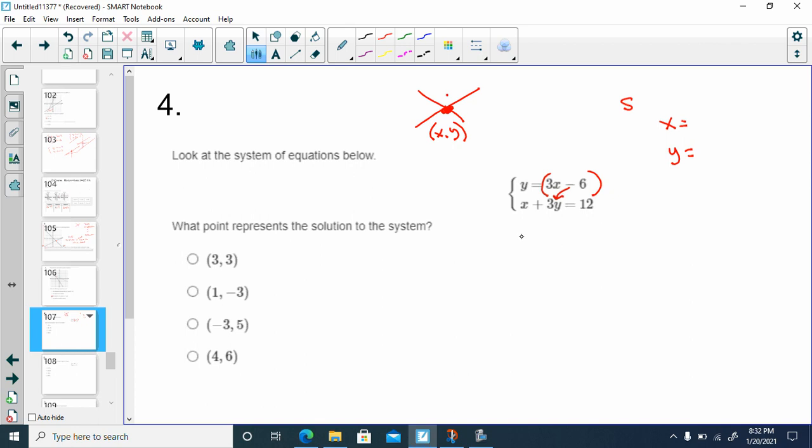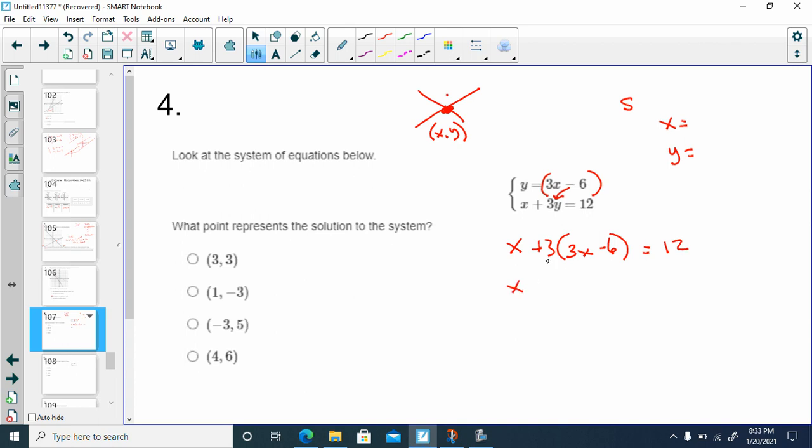So I'm going to plug this in for y. I now have x plus 3 times, in parentheses, let's put this in where the y is. It's like substituting a player in a basketball game. If I put this in for y, y is gone, this is in its place, 3x minus 6. And I'm multiplying 3 times everything here, so I've got it in parentheses, is equal to 12.